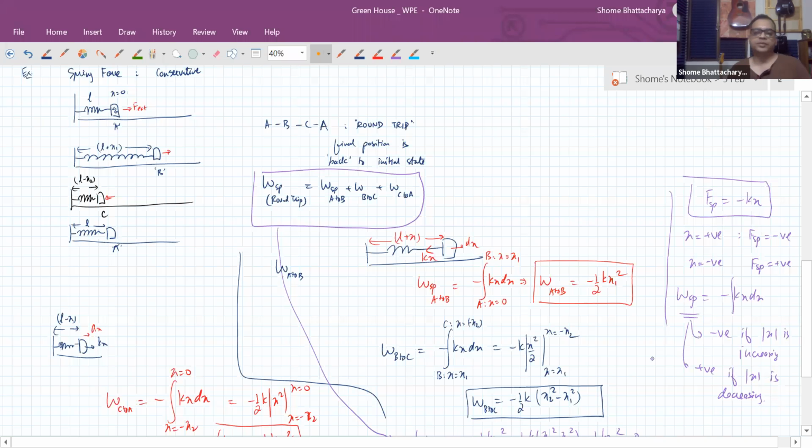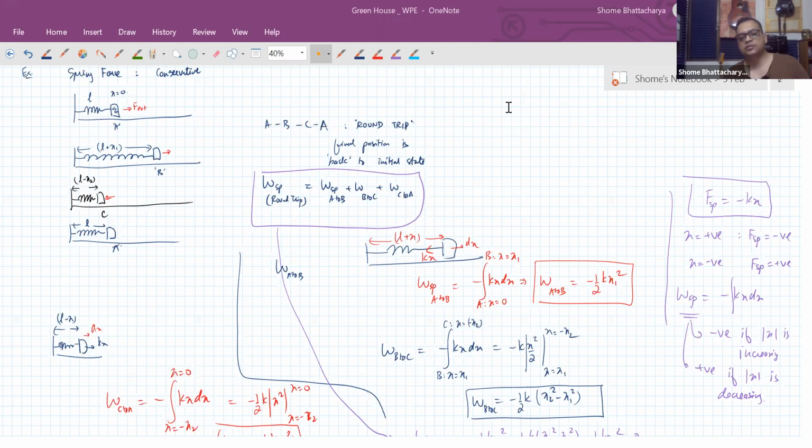Okay. So whether you're compressing or expanding the spring, if you're deforming it more than what it was deformed earlier, the spring force will be doing negative work. And if you're bringing it from deformity back towards natural length, then your mod x is decreasing, so it will be doing positive work.